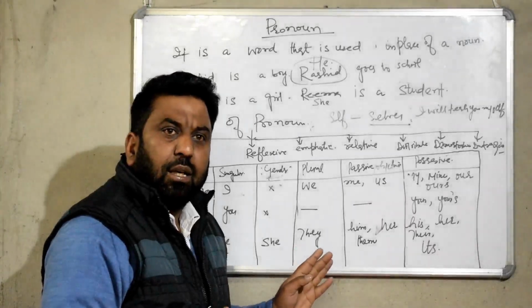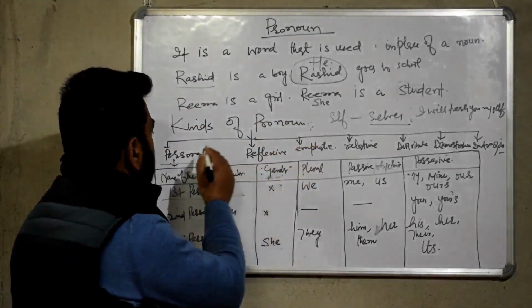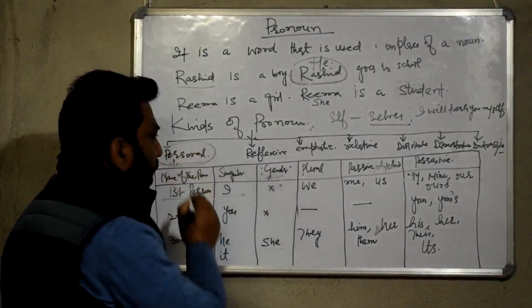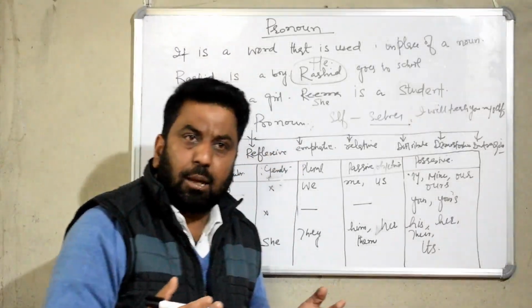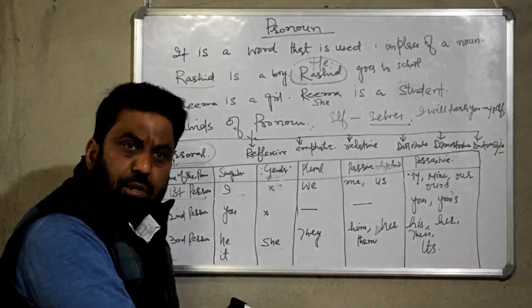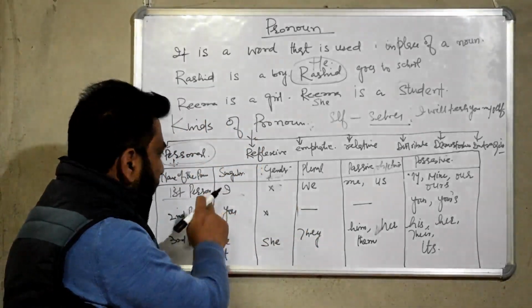So this was the general description of these three, and among them the personal pronoun is most important. For example, you may be asked in the questions to fill in the blanks with personal pronouns, or with reflexive pronouns.